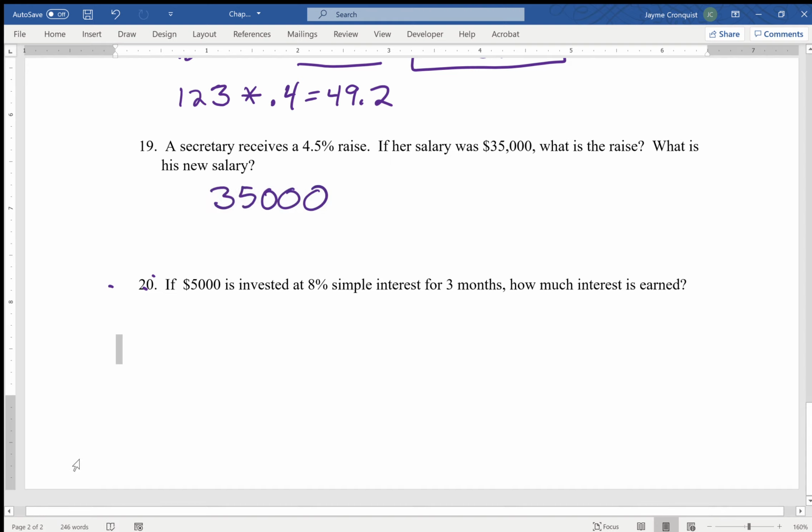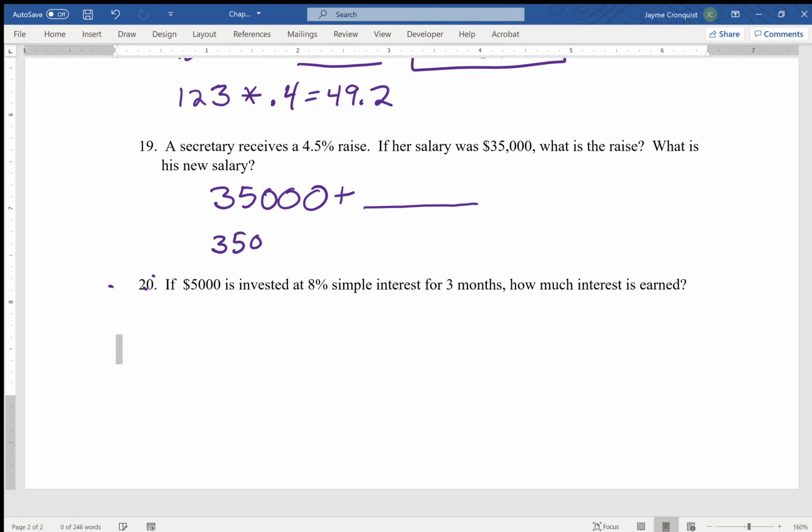There we go. All right, $35,000 plus, that was her original salary, the raise. Huh. They changed gender, her to his. Anyway, so we need to find out the amount of the raise. So that's 35,000 times 0.045.